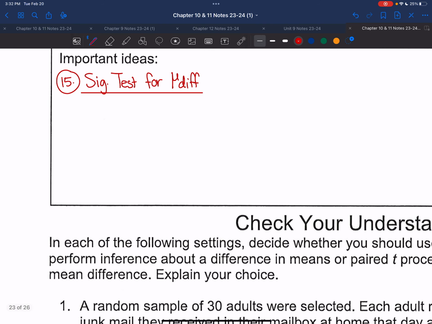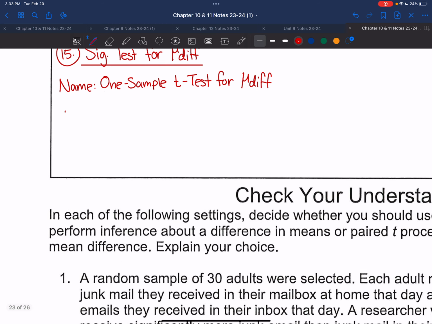So the name of it, just remember it is one sample t-test for mu sub diff. The test statistic itself, t is equal to x bar diff minus mu sub diff divided by your standard deviation. So it's S diff over root n.